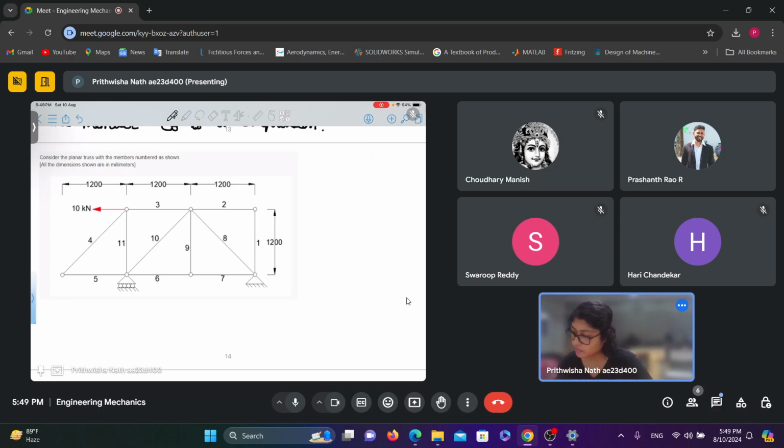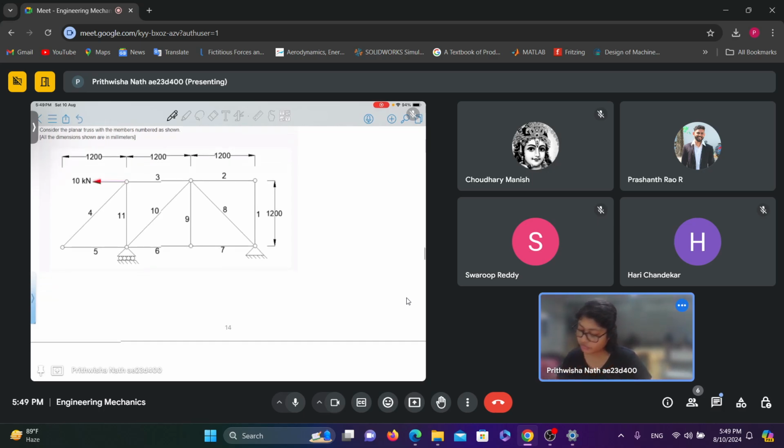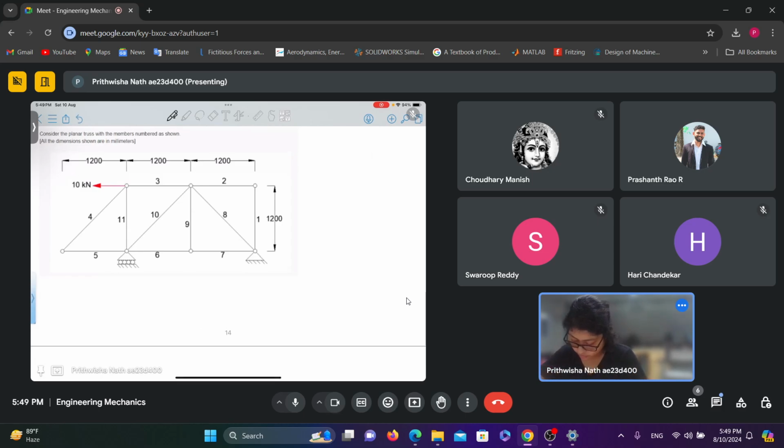So, if you look at the members 4 and 5, suppose this is A, B, C, D, E, F, G. Now if you look at joint A, is there any external force acting on it? No, ma'am.